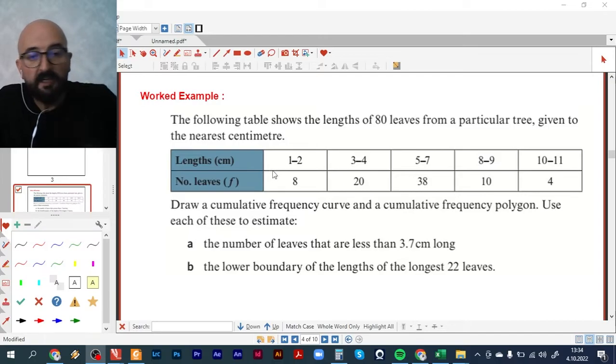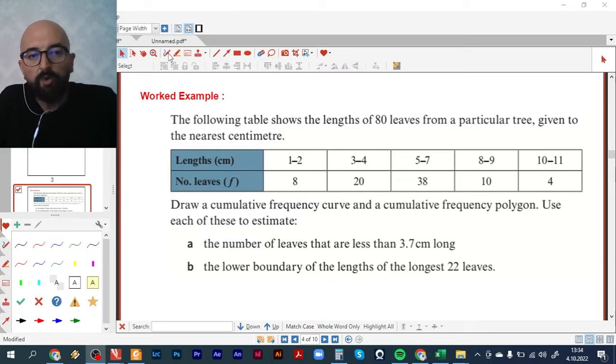Okay, now if you look at this table carefully, you can see a different part. For example, the 1 to 2 interval has 8 leaves, and the second one, 3 to 4 centimeters, has 20 leaves.